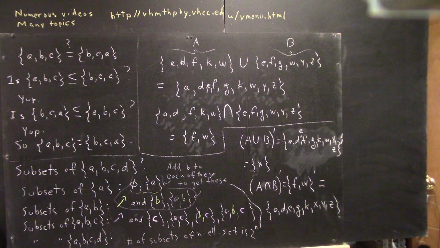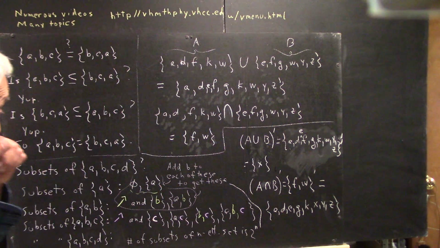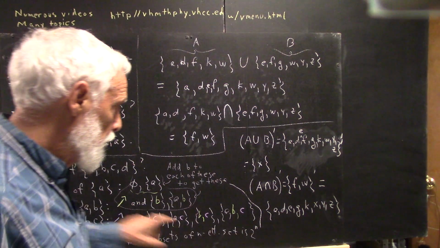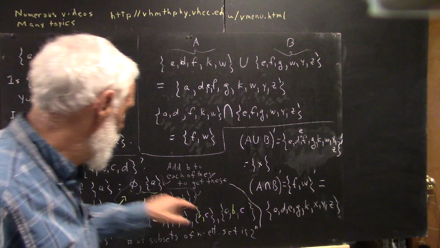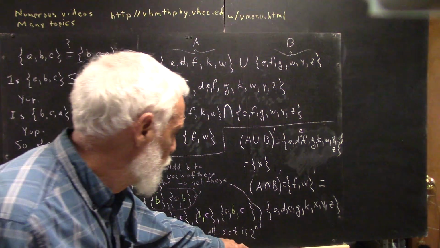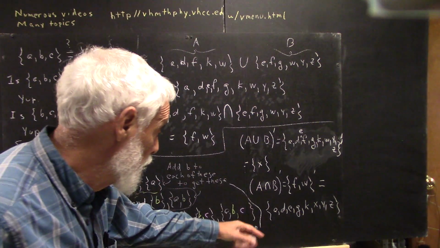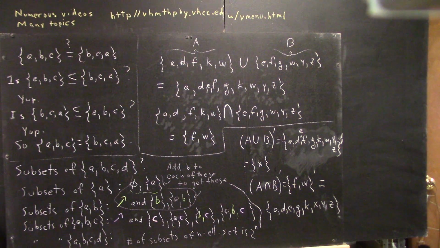We can see why that is because if we have a one-element set, we have two subsets. Well, with one element, n is 1, and 2 to the 1 is 2. For a two-element set, there are 4 subsets. So if there are 2 elements, n would be 2, and we get 2 to the second, which is 4.